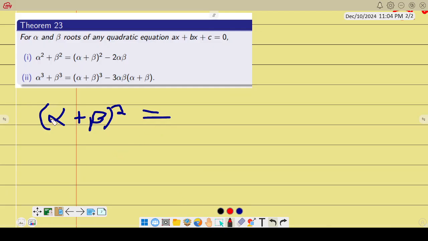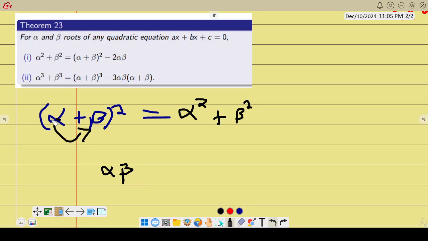So how you simplify things like this, when you have a power 2, you just say alpha squared. What is alpha times alpha? It is alpha squared, plus what is beta times beta? It is beta squared. And then the next thing, this times this: alpha times beta, you know it is alpha beta.